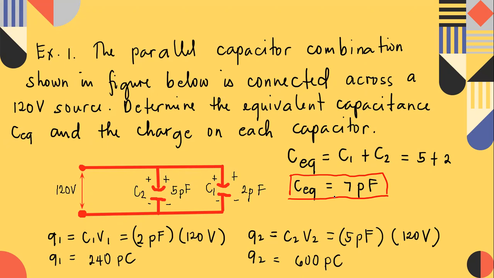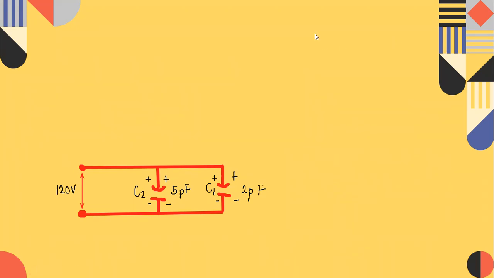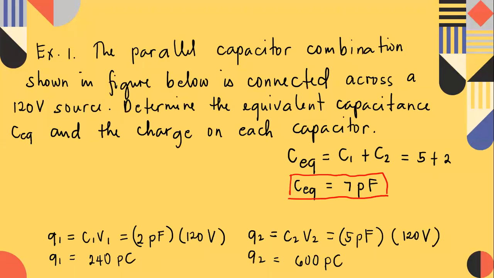Now, the charge on the combination is Q1 plus Q2, which is equal to 240 plus 600, which is equal to 840 picocoulombs.